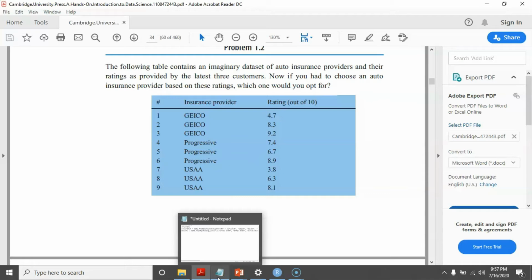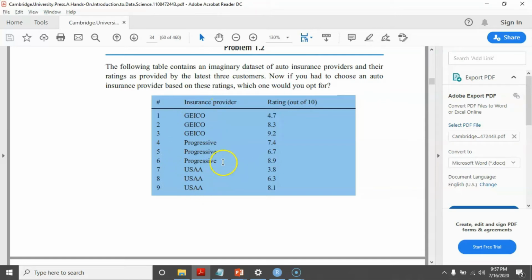You have to use the data frame provided by R, and we will be using these 2 attributes as data frame attributes, and we will be creating a list type of structure to store all insurance providers, and another for rating. There's a function, the c function, which performs concatenation of multiple values to create a list type of structure, right? So let's move on.